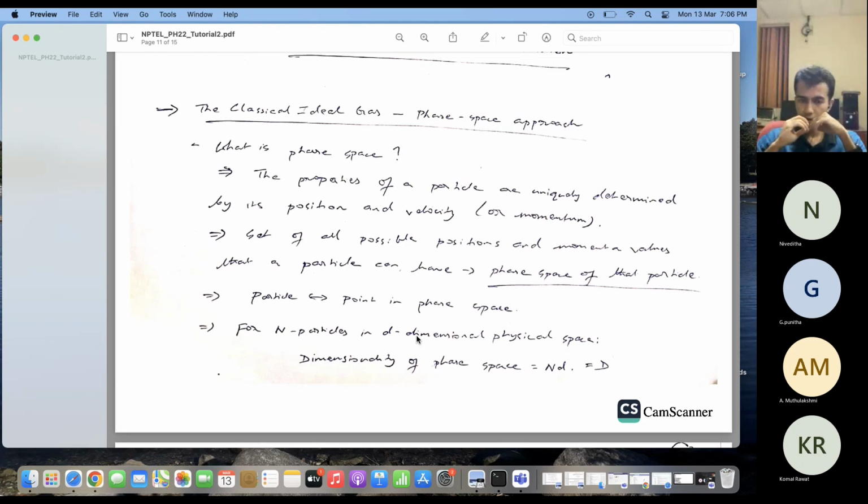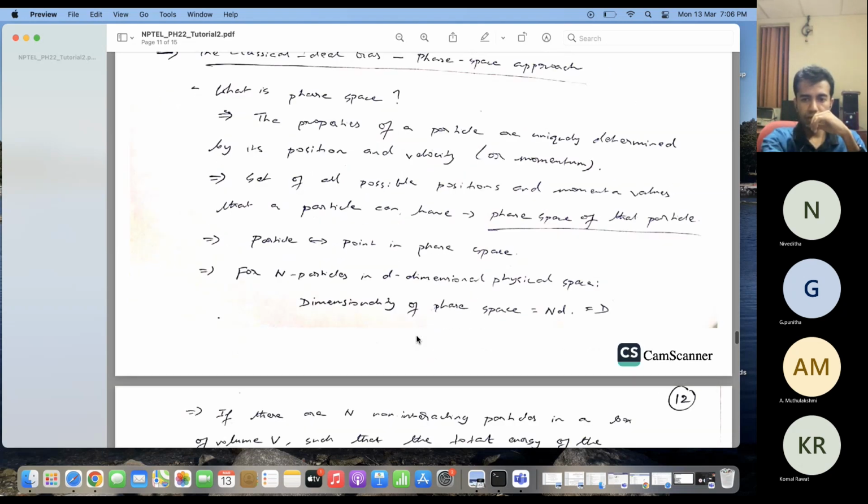All right. So if I have a system of N particles and my system is in d dimensions, I can have a two-dimensional, three-dimensional, or even a one-dimensional system, right? In general, let's say that small d is the dimensionality of my physical space. Then the dimensionality of the phase space would be equal to capital N into d, because there are N particles, each has d distinct coordinates, right?